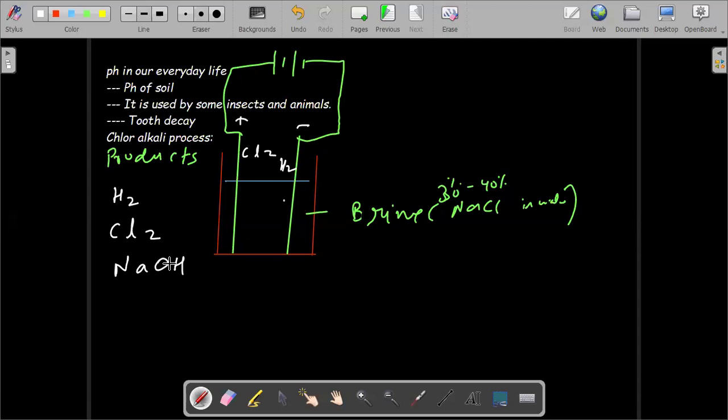First of all, it's a strong base, and then it is used in the formation of washing soda. All right. So this was from the chlor-alkali process.